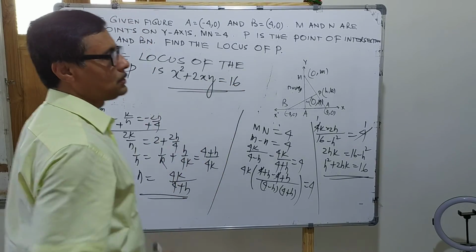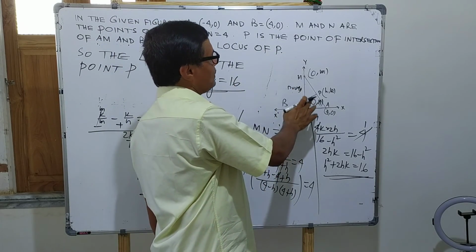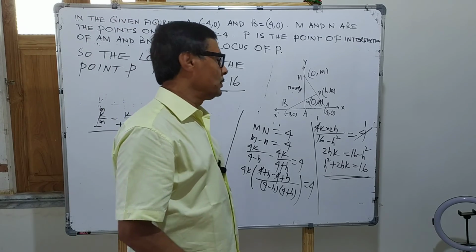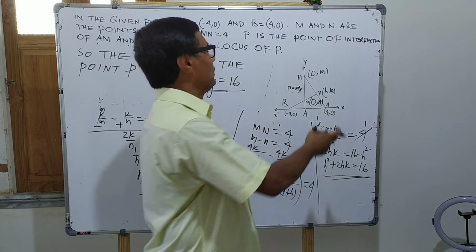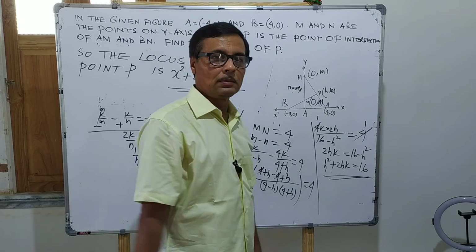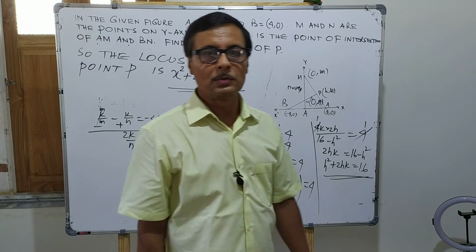This is the locus of the point P. Here P is the point of intersection of two line segments BN and AM. So we have derived the locus of the variable point P. This locus is x square plus 2xy equal to 16.